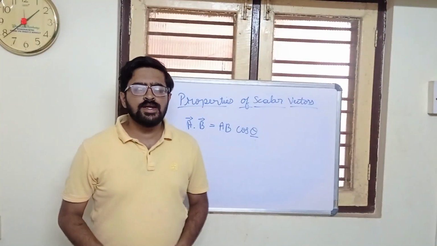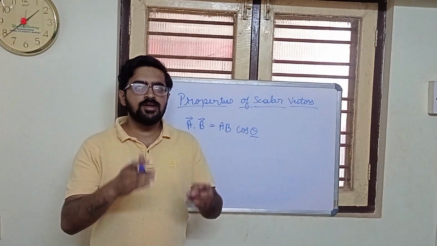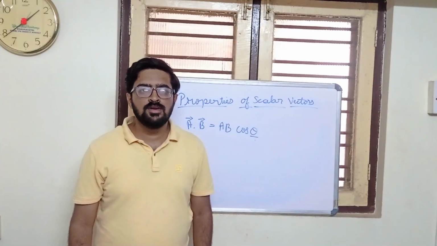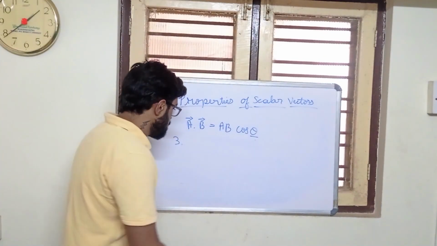If vector A and vector B are parallel to one another, what will be their angle? 0, right?